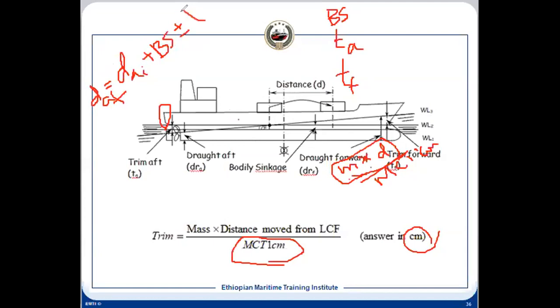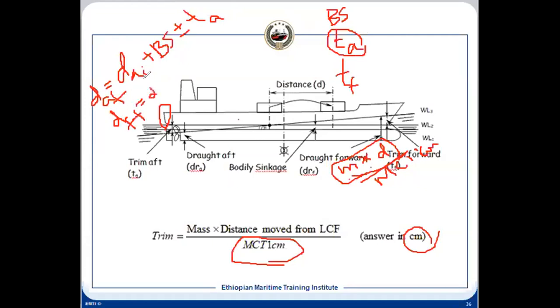So TA, which we have calculated here. And similarly, this is the DF final we can calculate.